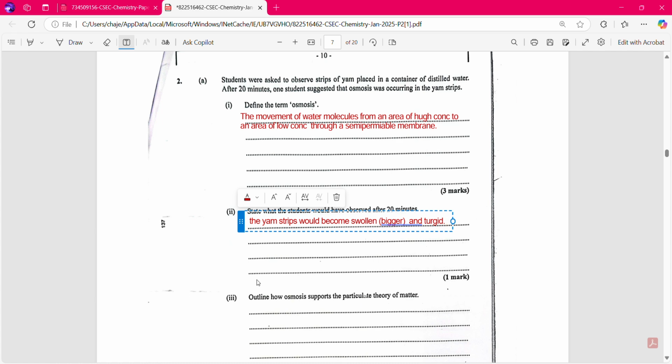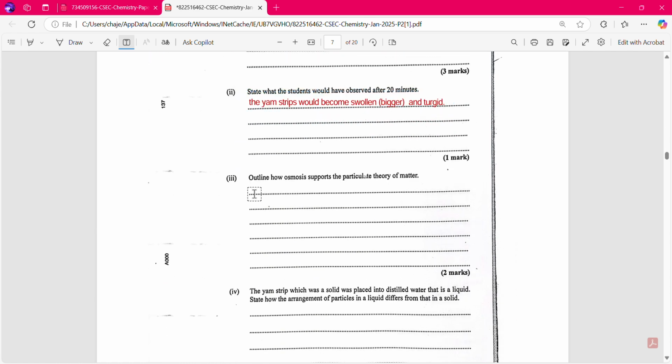Outline how osmosis supports the particulate theory. So it simply says explain how osmosis relates to the particulate theory.